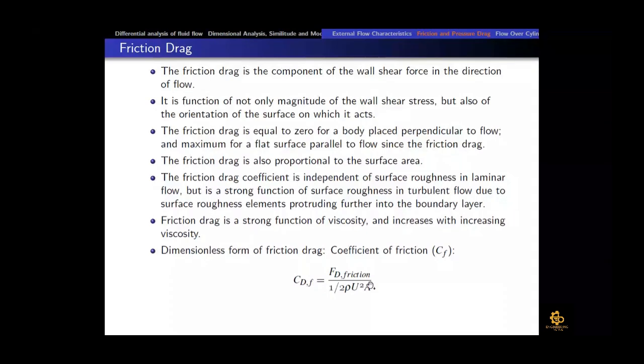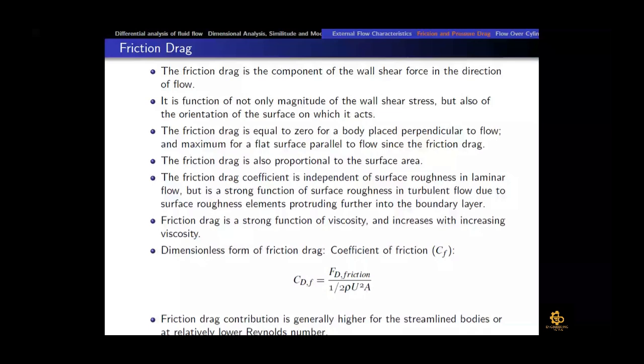As I was saying, friction drag is directly proportional to area. You can always see that friction area is in the denominator and it would be multiplied here. So the force due to that frictional effect would be directly proportional to surface area, right? Friction drag contribution is generally higher for streamlined bodies, or even for blunt bodies if the flow Reynolds number is low.